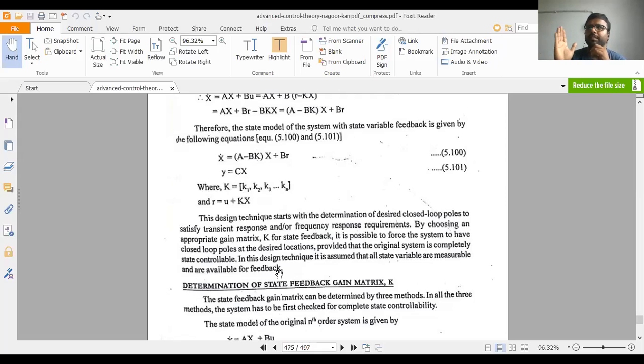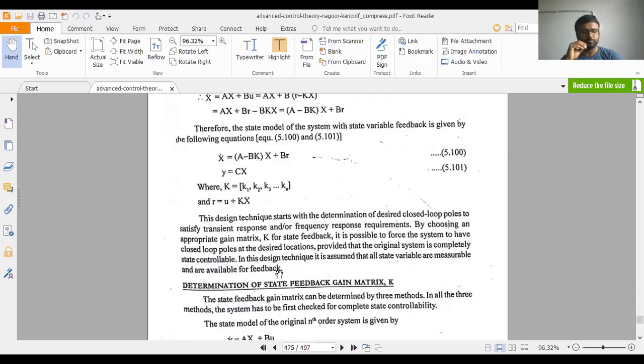The state equations we have are x dot is equal to A minus Bk into x plus Br and y is equal to Cx, where K is the state variable feedback gain matrix consisting of values k1 to kn. That means the order of the matrix is 1 by n, with only one row and n columns.